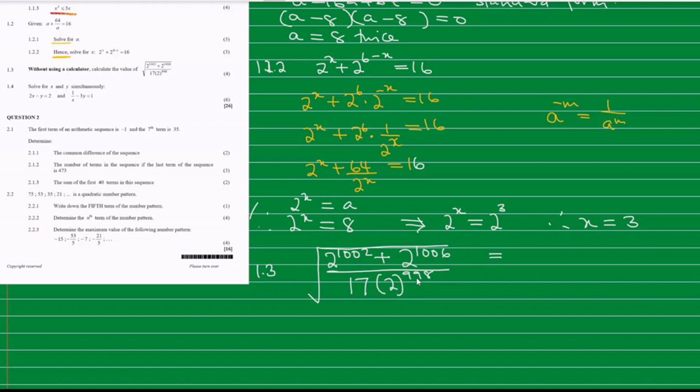In this case, 2 to the power 998. 998 is the smallest number amongst these numbers, 1002, 1006, and 1008. Okay, so I'm going to factor out 2 to the power 998 here in the numerator.